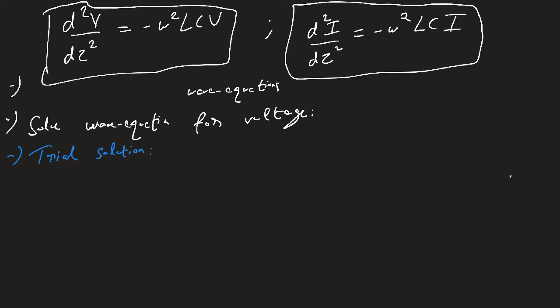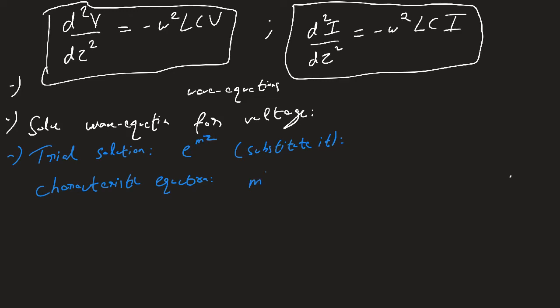And the trial solution we'll take is the exponential of some mz. Okay, let's take the trial solution and substitute it. So if you substitute this, the characteristic equation becomes a very simple differential equation.